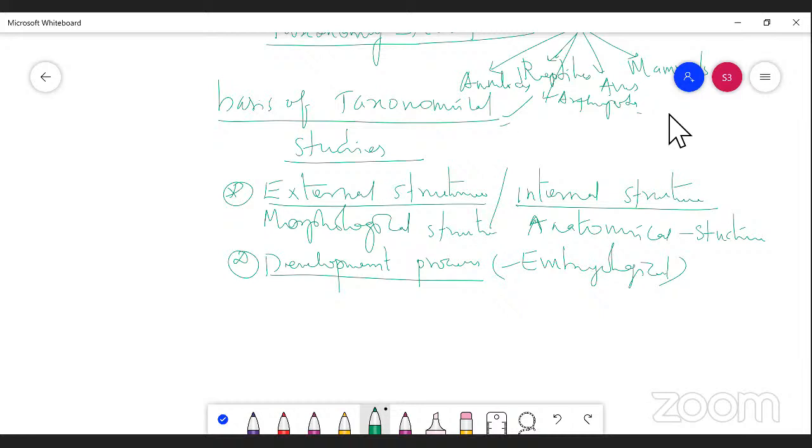Next is ecological information of the organism. What is the ecological information?